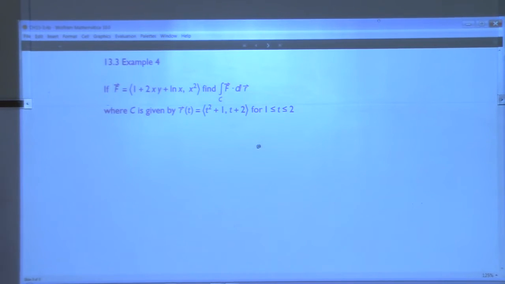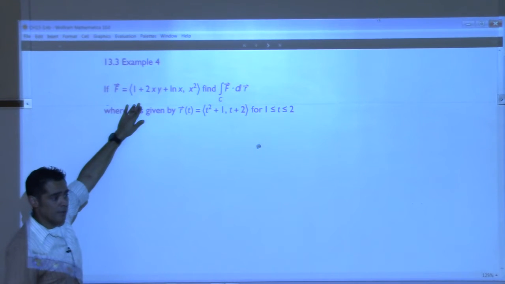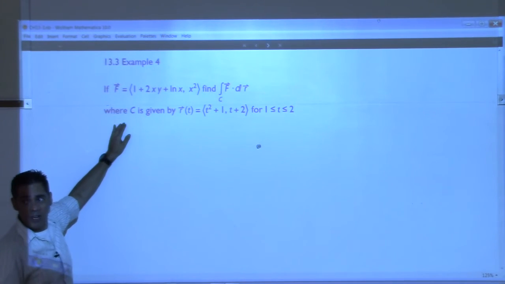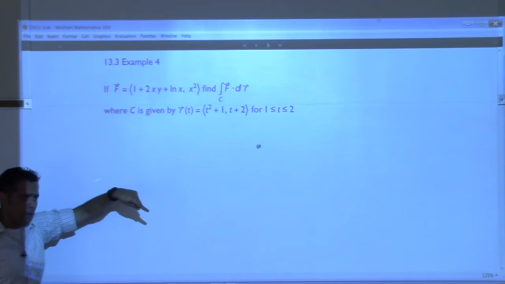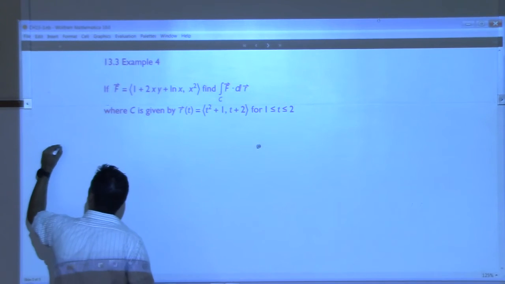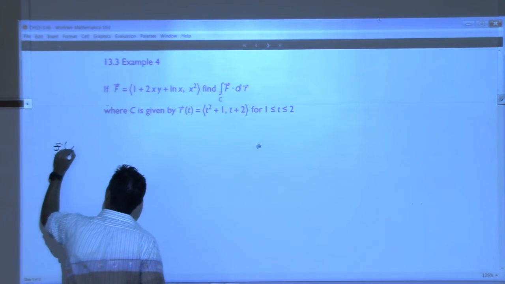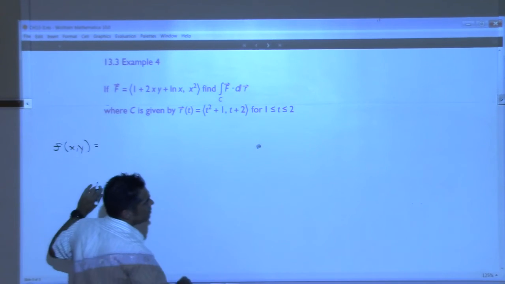Yeah, because f is conservative. We would check, is it conservative? That's the previous example. We did check it was conservative. Since that's conservative, we would find its potential function, which we just did. So what is little f of x y? I erased it. It was right there.